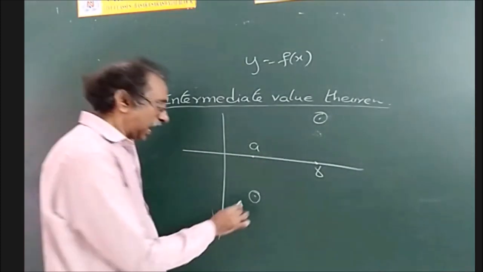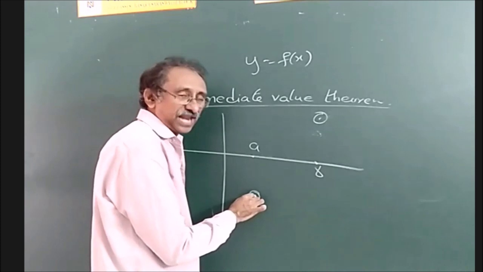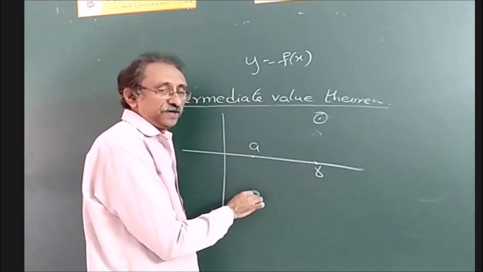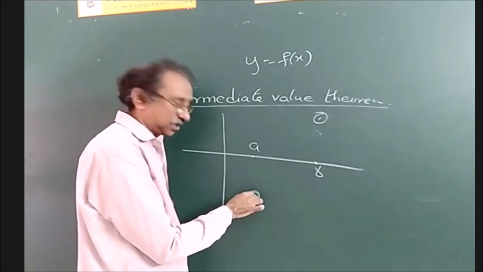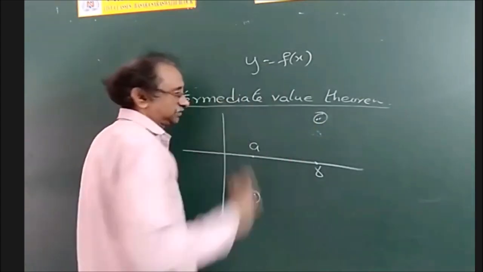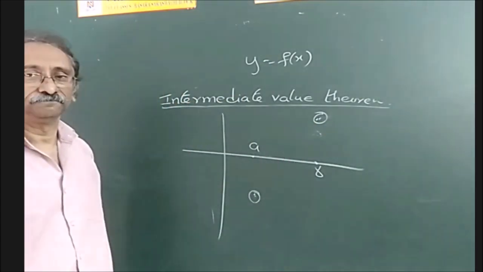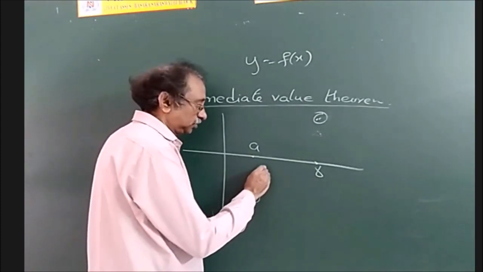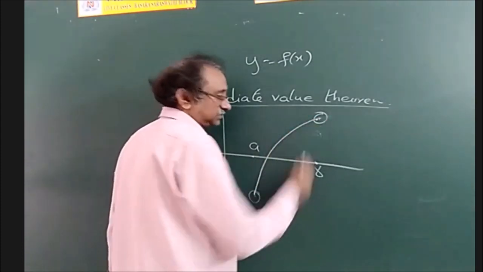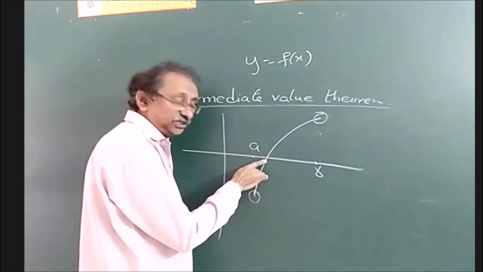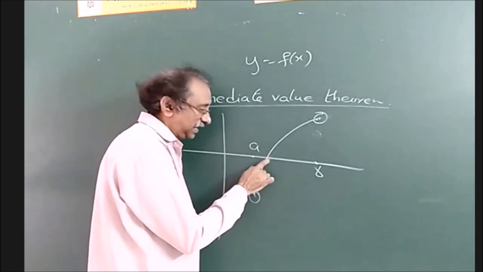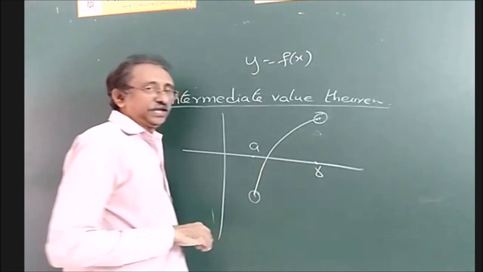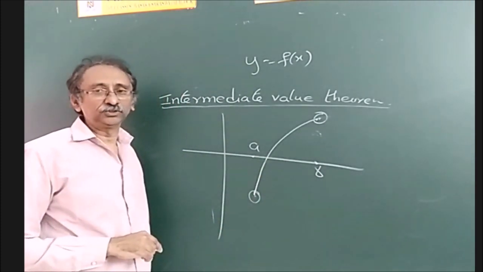Now you have to draw the curve without lifting the pen or chalk from this point to this point. So how to draw that? Suppose I draw like this. Definitely, it crosses the x-axis at one point in between A and B. Is it true or not?